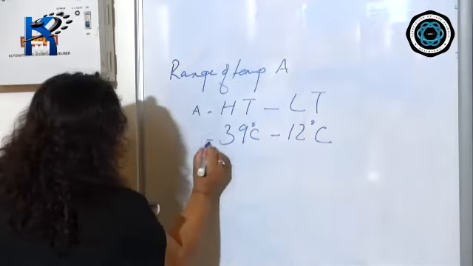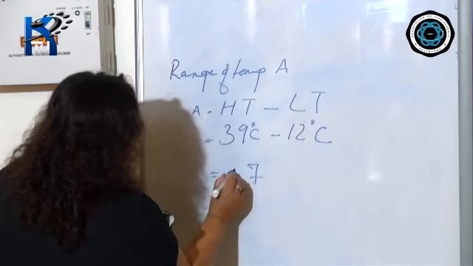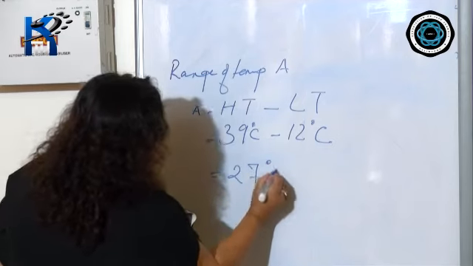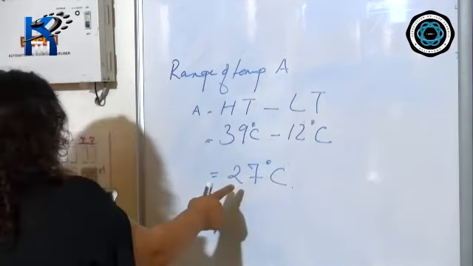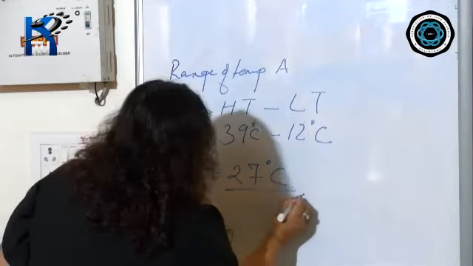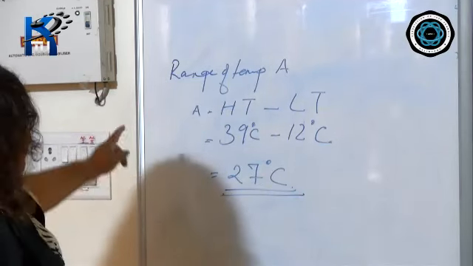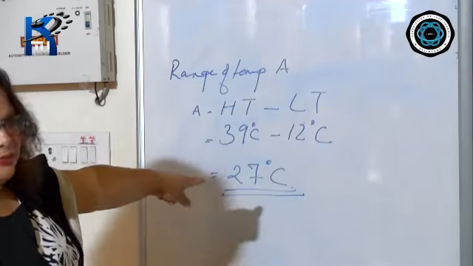So if you subtract this, I think it's 27 degrees Celsius. So the range of temperature is 27 degrees Celsius, highest temperature minus the lowest temperature.